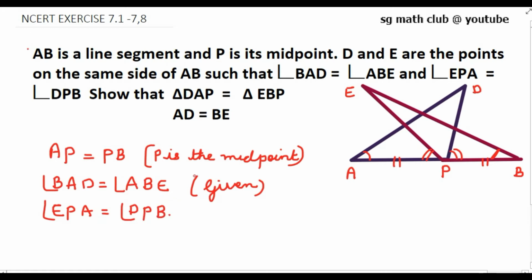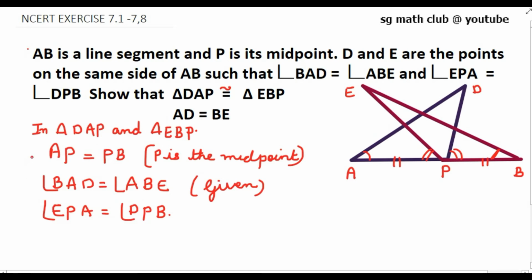So we need to show that these two triangles are congruent, that is triangle DAP and triangle EBP. Now DAP is the triangle in blue color and EBP is the triangle in purple color.